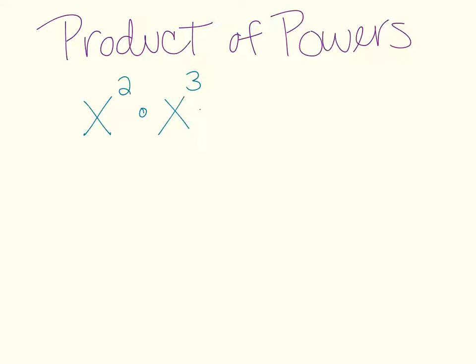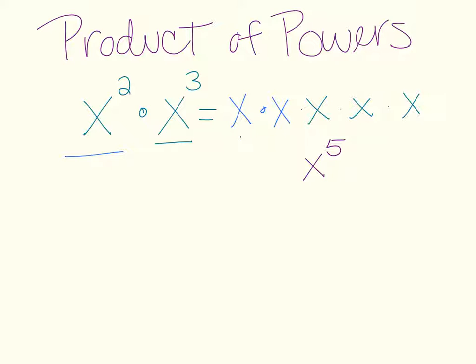If I expand it out, x squared is x times x, and then x cubed is x times x times x, and they're all multiplied together. So what I really see here is actually 1, 2, 3, 4, 5, or x to the fifth power.